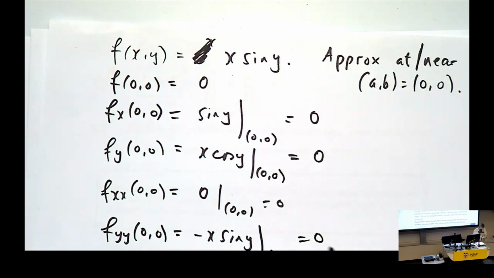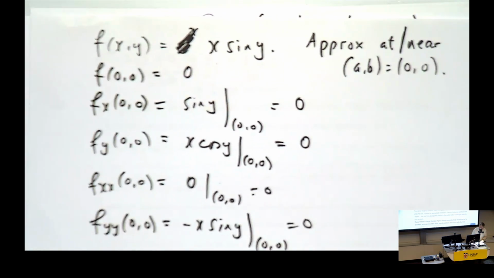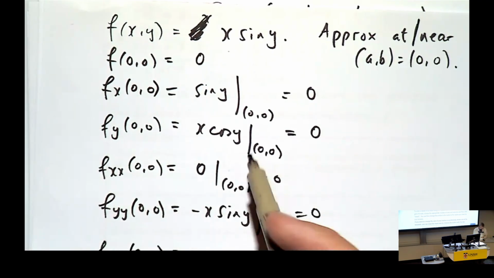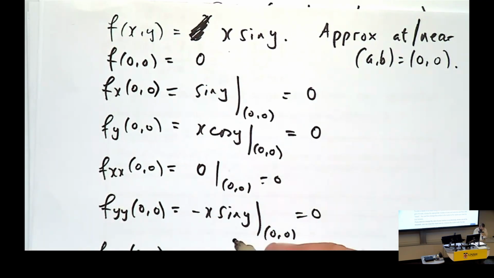So that's also zeros. Oh my God, we're getting a lot of zeros. Let's do one more, the mixed. Okay, so I'll go up here, I'll differentiate, I'll get cosine equals 1. Oh, thank God, something that's non-zero.